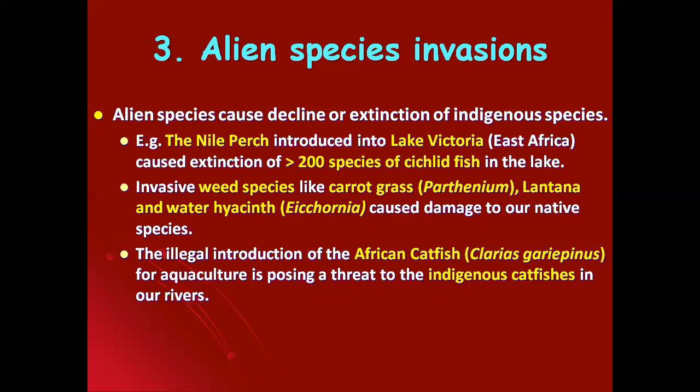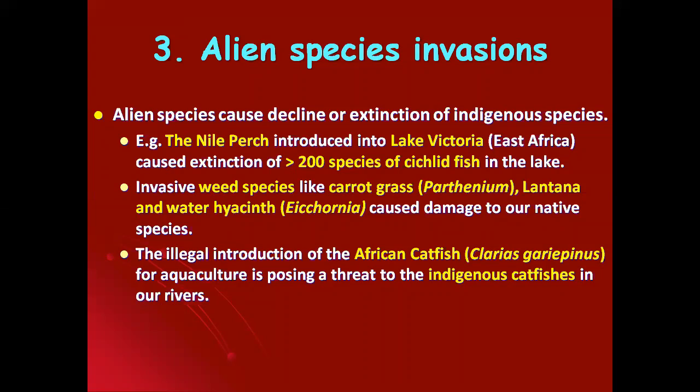So who is the alien species in this case? The Nile perch is the alien species. Where did it come? Lake Victoria. And what happened? 200 species of cichlid fish. This is the information to be remembered for examination. Invasive weed species like carrot grass, Parthenium hysterophorus, is one of the well-occupied weed plants of India.